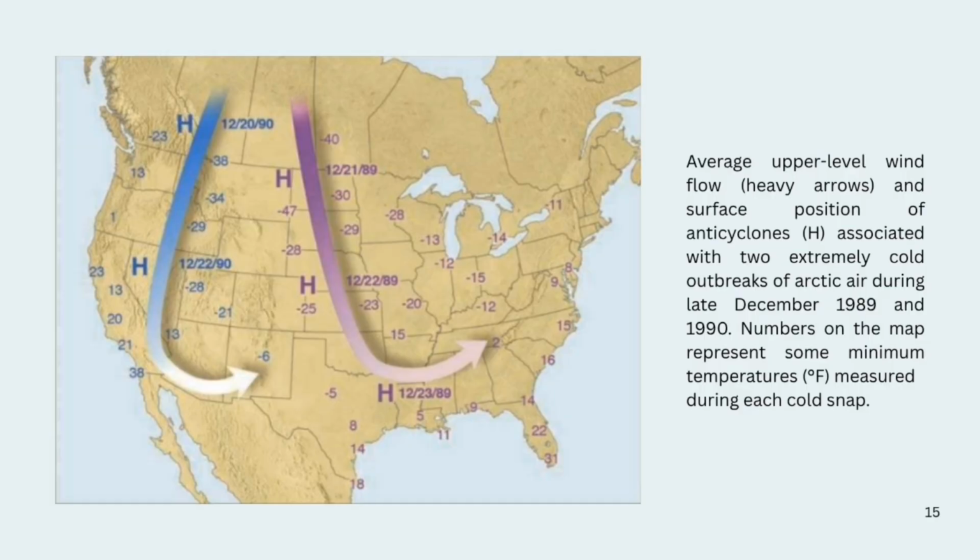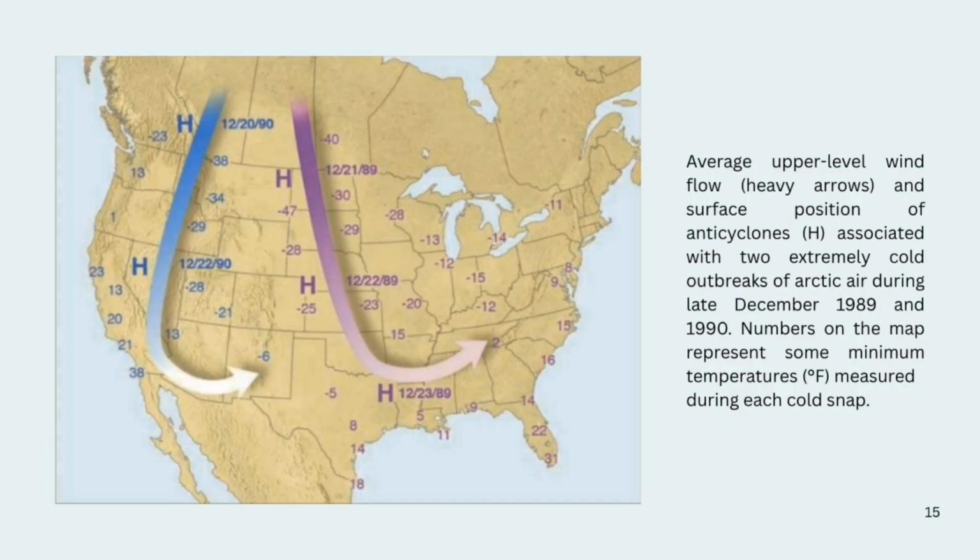While in this figure naman, it shows two upper air patterns that led to extremely cold outbreaks of Arctic air during December 1989 and 1990. Upper level winds typically blow from west to east, but in both of these cases, the flow, as indicated by the heavy, dark arrows, had a strong north-south or meridional trajectory.